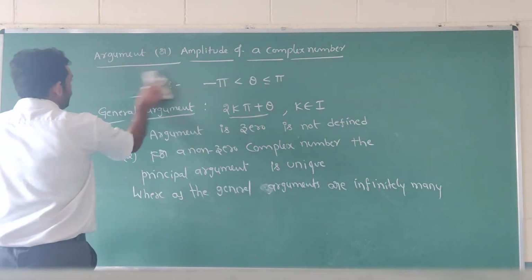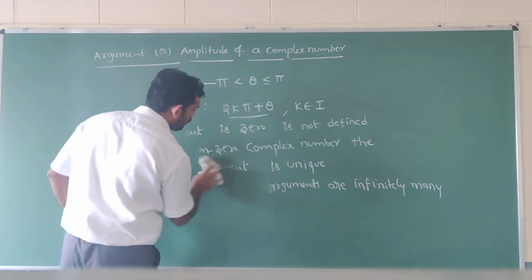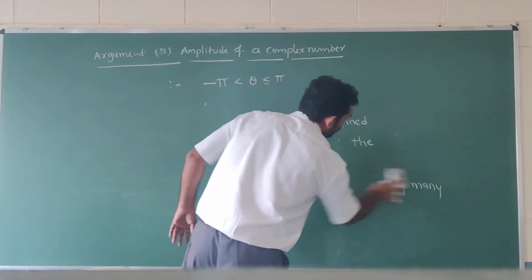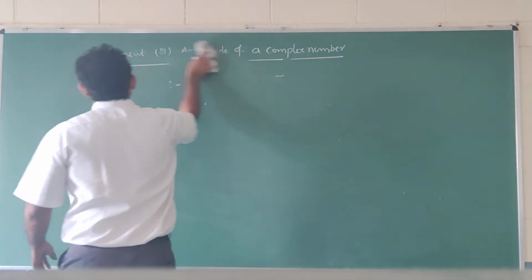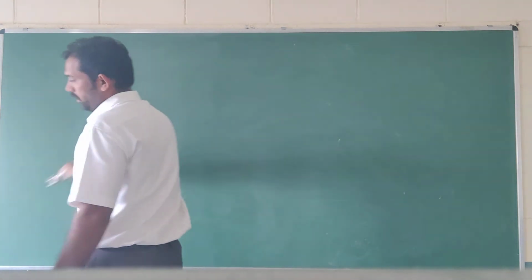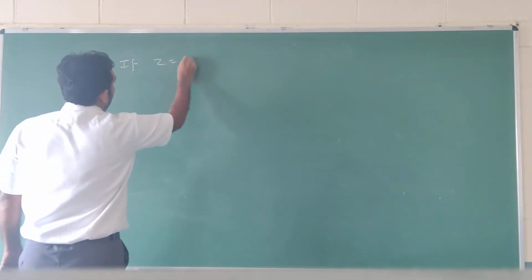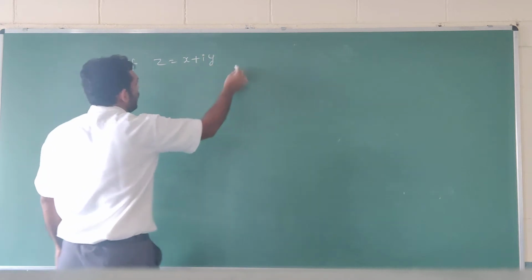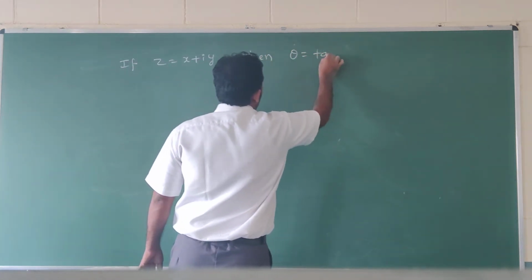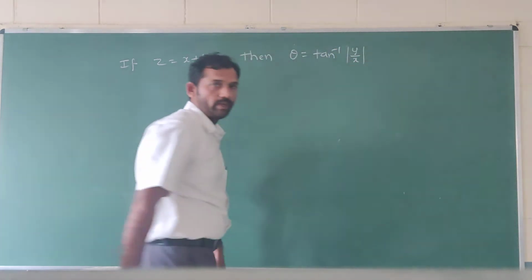So next point. Next, what is argument? We already discussed that point. What is argument, quadrant wise, their arguments. So we will discuss now. If z is equal to x plus iy, then theta is equal to tan inverse of modulus of y by x.